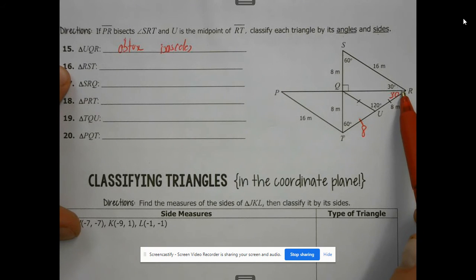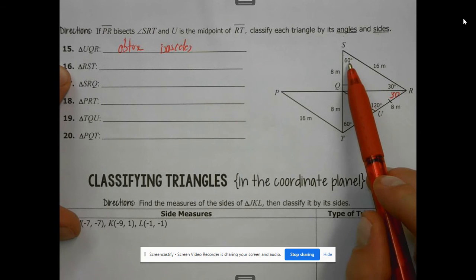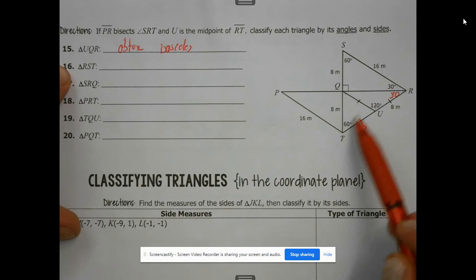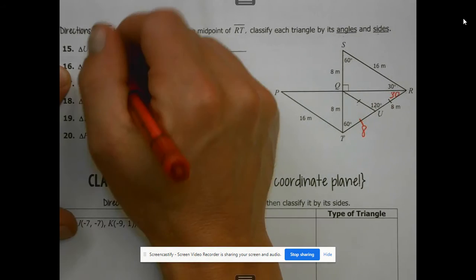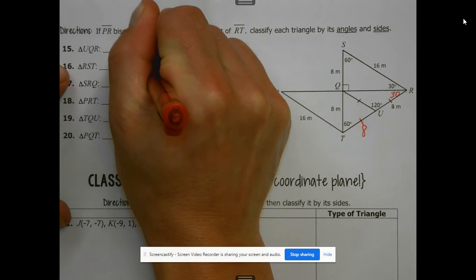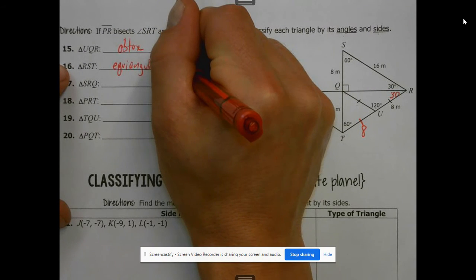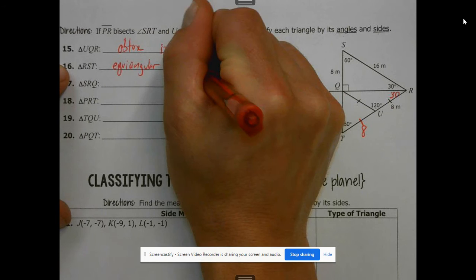Triangle RST. We have a 60 here, a 60 here, and a 60 here. That makes it equiangular. And if it's equiangular, it's always going to be equilateral as well.